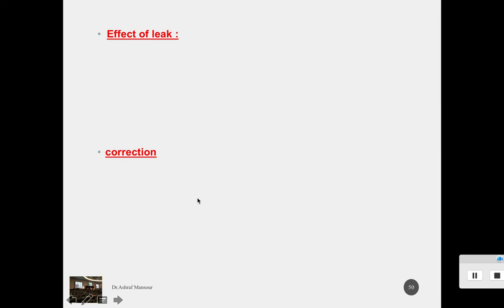So the effect of a leak is that you don't know how much tidal volume you are giving the baby, because every time the ventilator will calculate that the baby is receiving a tidal volume less than the volume guarantee which you adjusted.